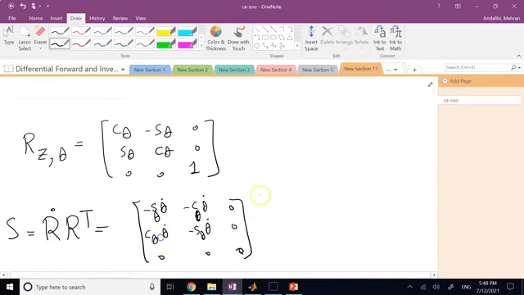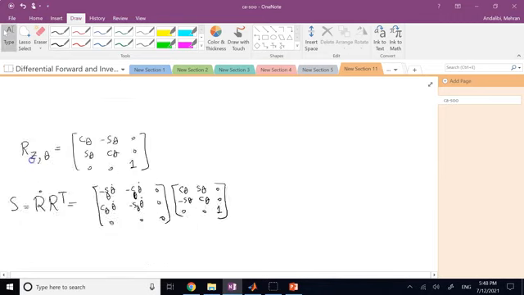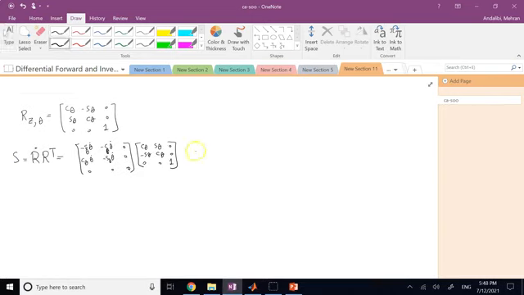Multiplied by the transpose of R. So it's going to be C theta, S theta, 0, negative S theta, C theta, 0, 0, 0, 1. Correct? Multiply them together. Let's see what we get.